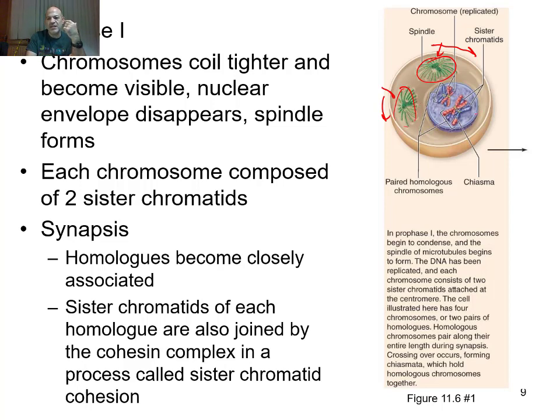The other thing that happens here is your nuclear envelope is going to disintegrate. And so these things are all similar to what happens in mitosis. The big difference here is you can see right here your homologs are going to be pairing up. That process called synapsis is going to be occurring here. Okay, so synapsis occurs. You're going to form that synaptonemal complex that we talked about in the prior section.